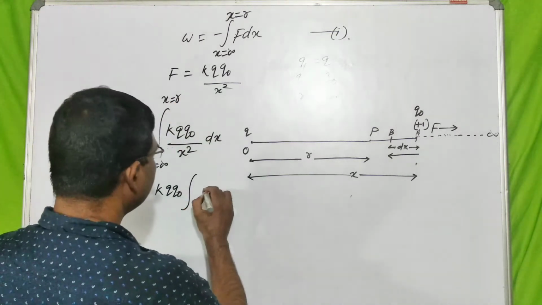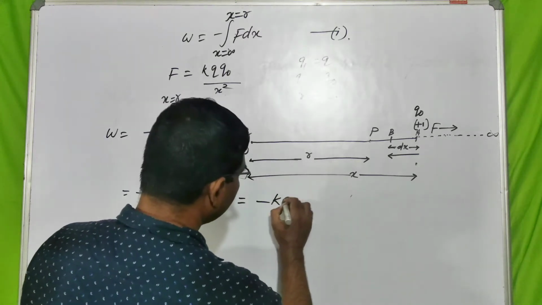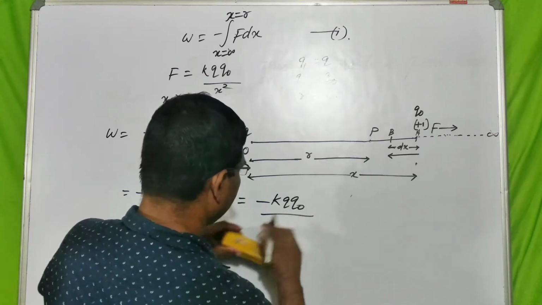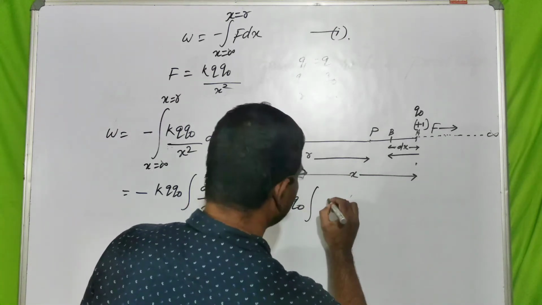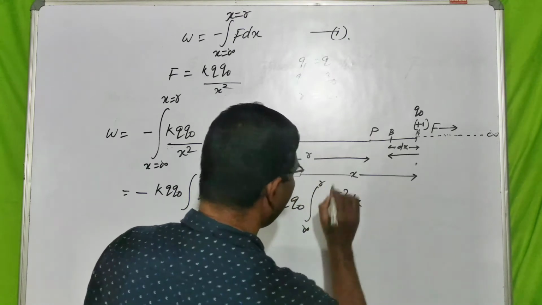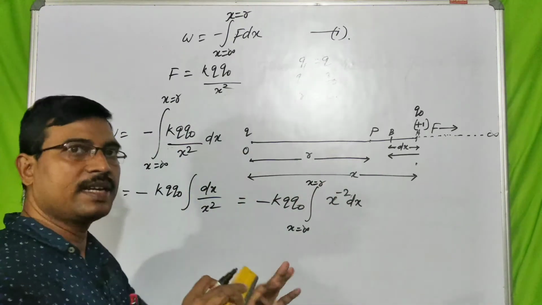So this one is dx by x square. Can you write x to the minus 2 into dx? This is infinite to r, x is equal to infinite, x is equal to r. You can write directly.